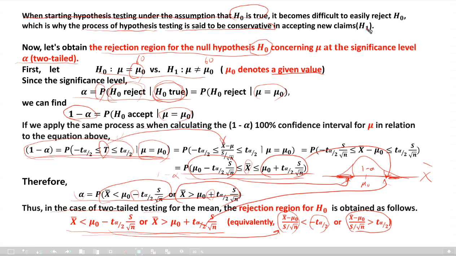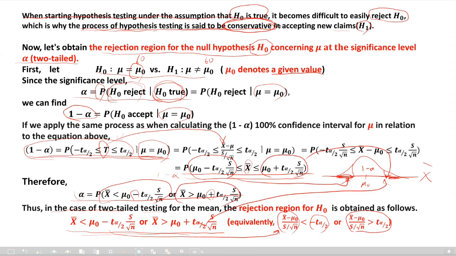The content of H1 is a new claim, but we do not want to accept a new claim easily. In other words, we do not want to reject H0 easily. So the process of hypothesis testing is said to be conservative. Maybe an interesting comment. I hope you understand what I mean.